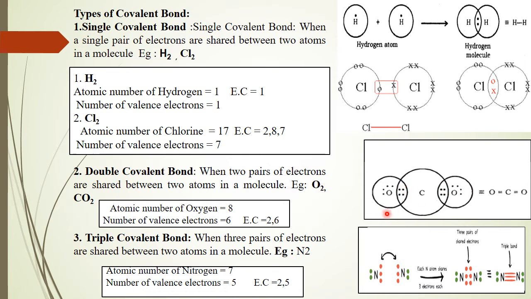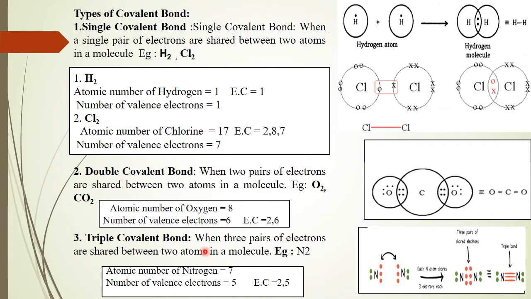So altogether oxygen has 8 electrons, carbon has 8 electrons, 2 plus 2, 4, 6, 8. Here oxygen also 2, 4, 6, 8. So carbon has bonded with oxygen on both sides. 2 electrons have been shared here, 2 electrons have been shared there, forming carbon dioxide.